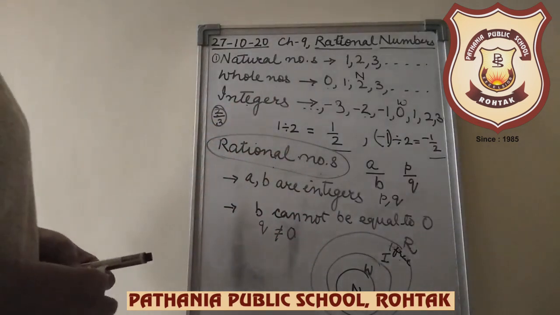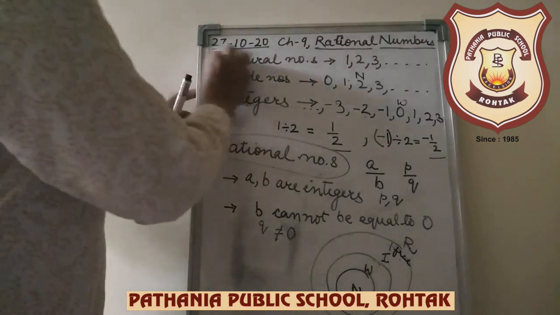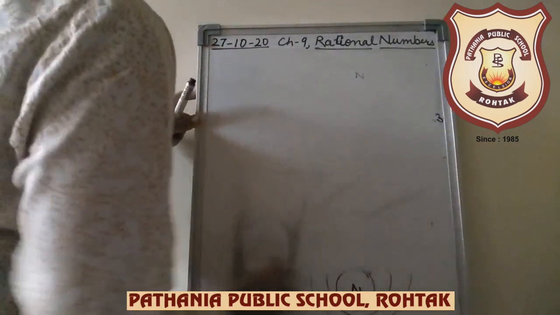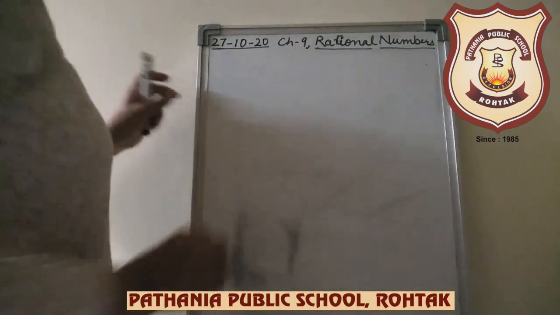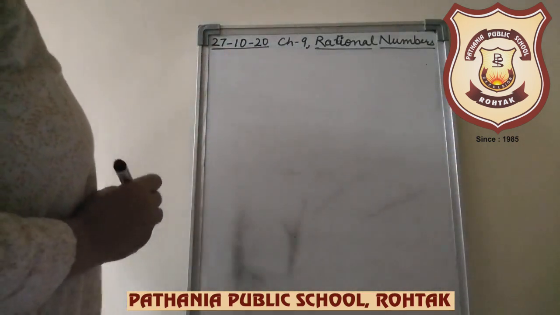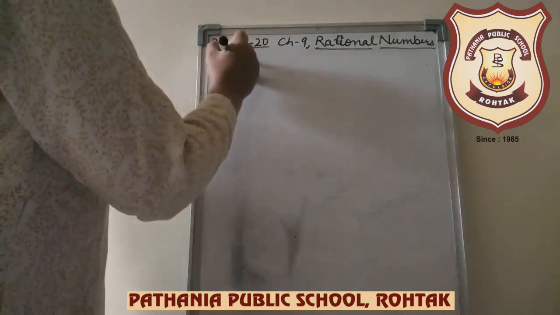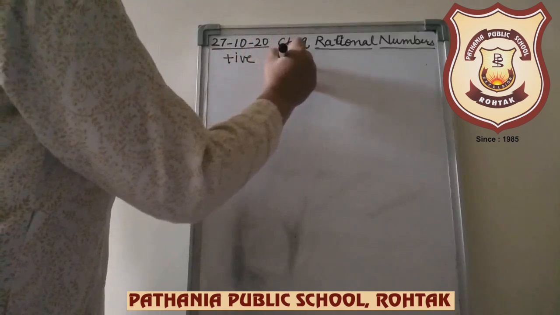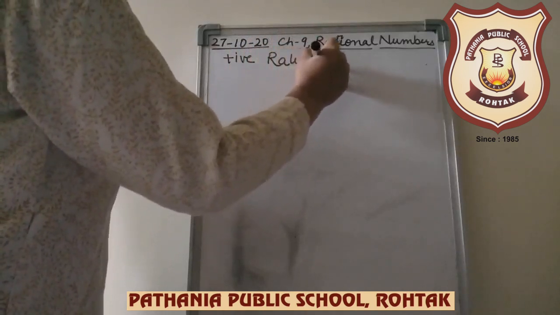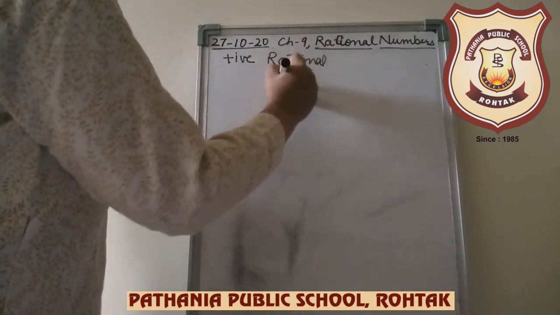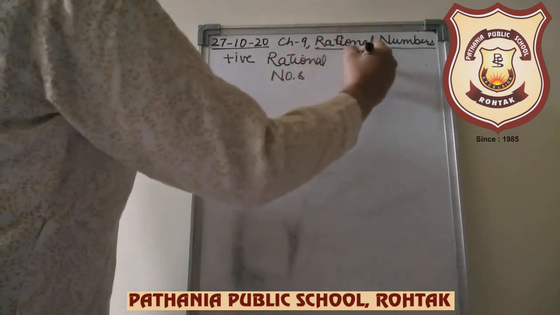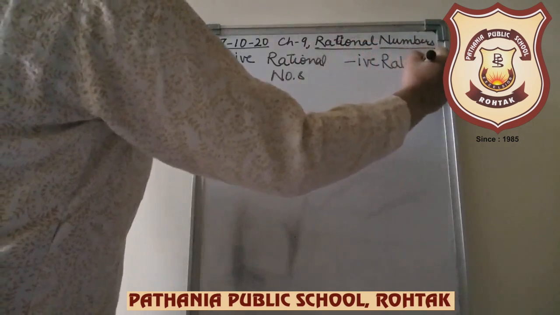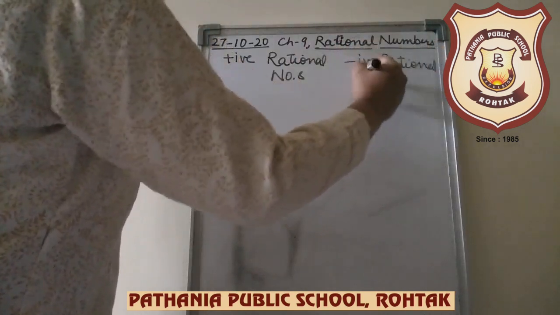So, this is regarding your rational numbers. Now, the next thing: rational numbers are of two types, positive rational numbers and negative rational numbers.